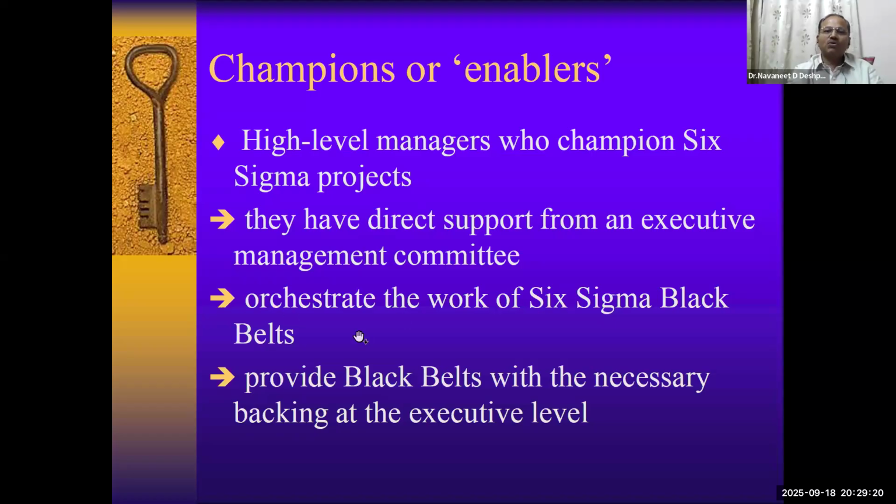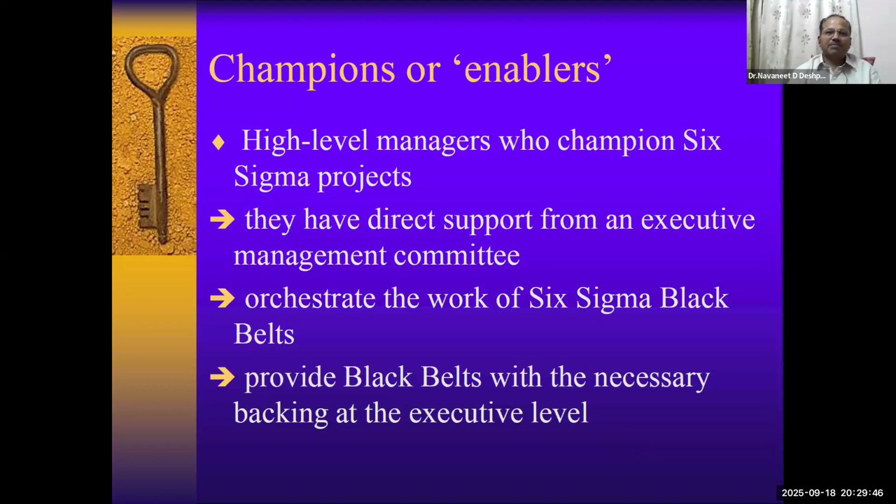So they have to orchestrate the work of Six Sigma black belt eligible candidates, and they have to provide the black belts with necessary backing at the executive level. So right from top level management to the downline, people have to assist them in executing and implementing these ideas, because it's a brainstorming idea. Every hospital will have its own unique sense of discipline and core of action, daily routine changes.